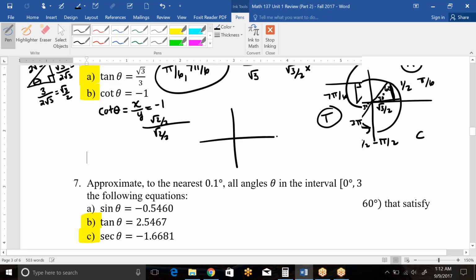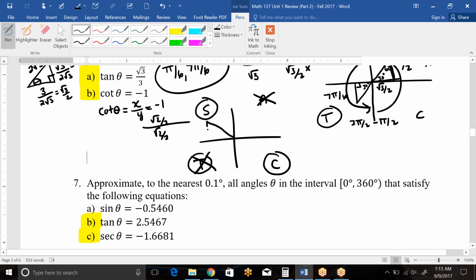So if you think about your quadrants, all science teachers crazy. Cotangent is the tangent family, so that's when it's positive, which is not what I want. So it's also positive here. I don't want that. What we want is when cotangent and tangent are negative, which would be in quad 2 and in quad 4. So that's going to be 45-degree angles when you're in those quadrants, because that's the only time you get square root of 2 over 2.